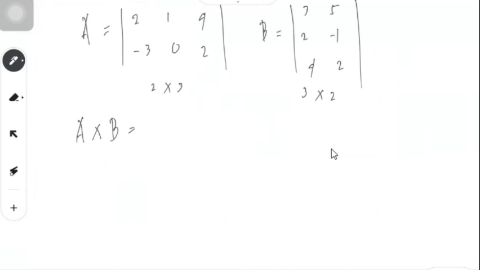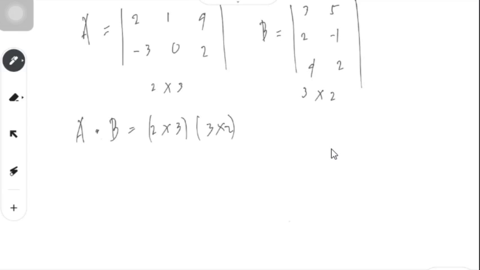So A by B, we have 2 by 3, then the other one, we have here 3 by 2. The number of columns of the pre-multiplier is equal to the number of rows of the post-multiplier. So, pwede natin i-multiply.